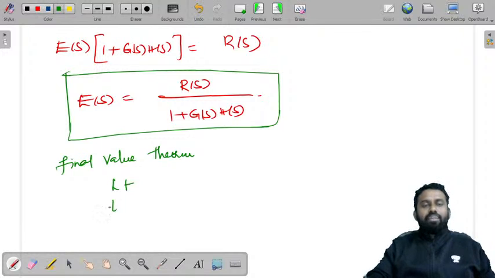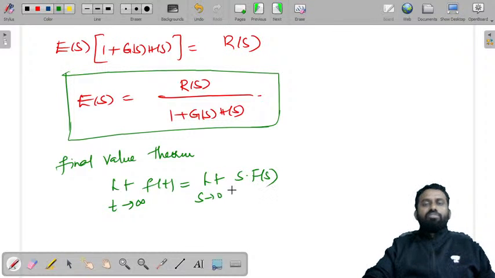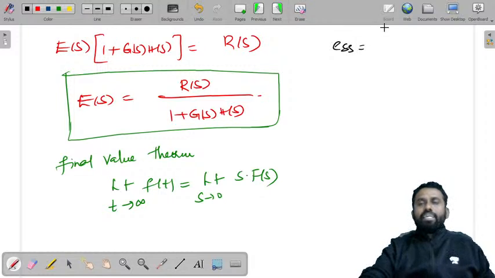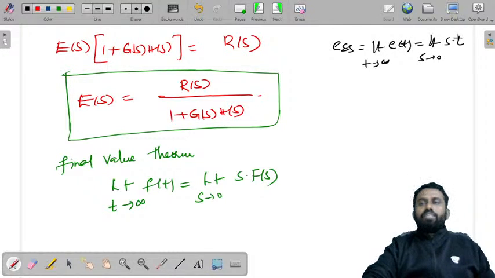It states that limit t tends to infinity f of t is equal to limit s tends to 0 s into f of s. So what is ESS? ESS is the steady state error, that is equal to limit t tends to infinity e of t, which is equal to limit s tends to 0 s into E of s. This is what you need to write.